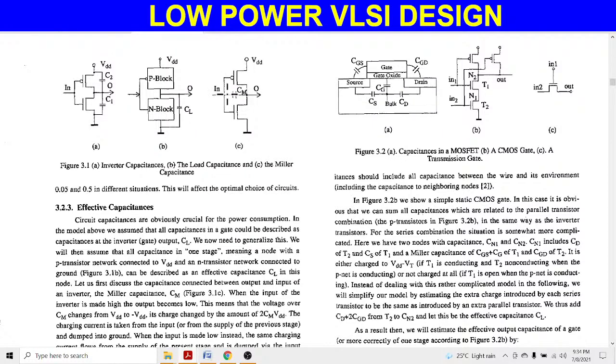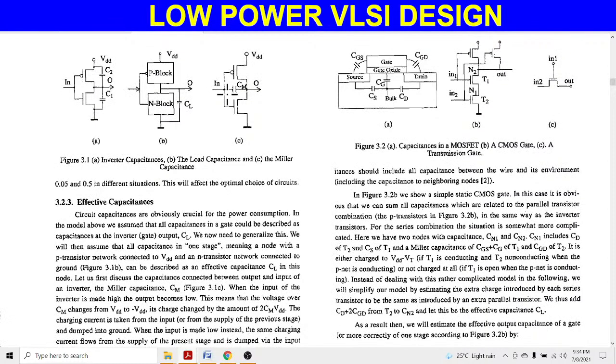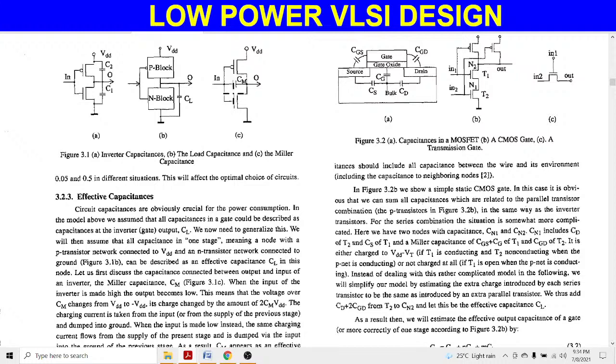Okay, so the value of this Cm changes from VDD to minus VDD. It means that the maximum voltage stored across this Miller's capacitance is VDD, and the minimum voltage is minus VDD.